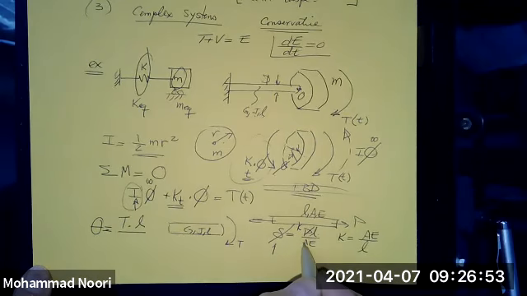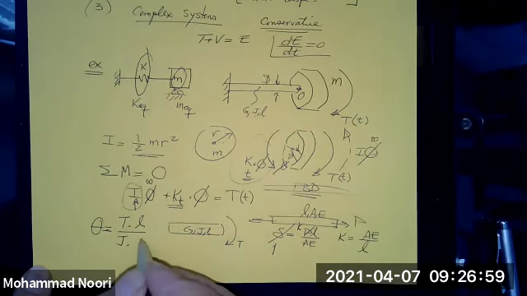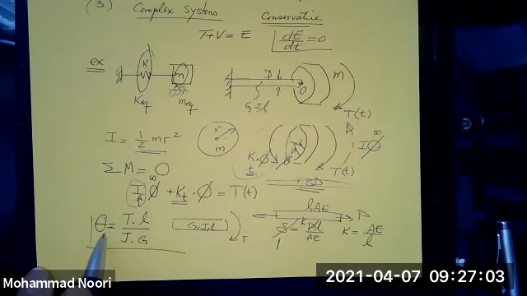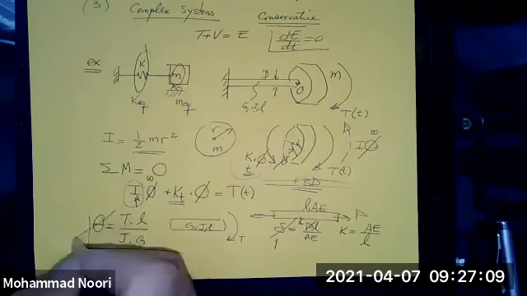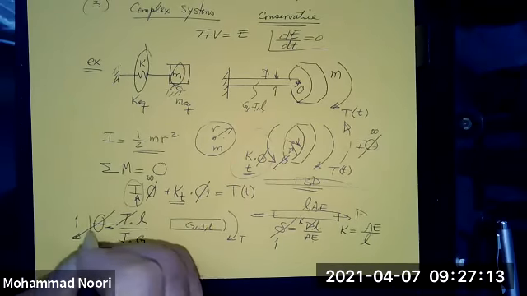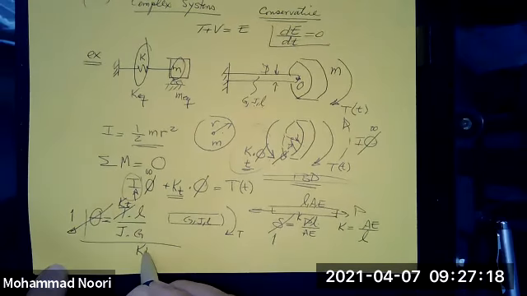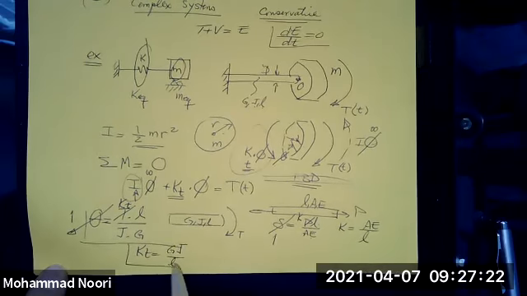A is replaced by the polar moment of inertia of the shaft, and E is the shear modulus. So this is the relationship between the angular deformation of the shaft and the applied load. The stiffness is the force that causes a unit displacement. So if this is one, this would be the torsional spring. So the torsional spring is GJ over L.